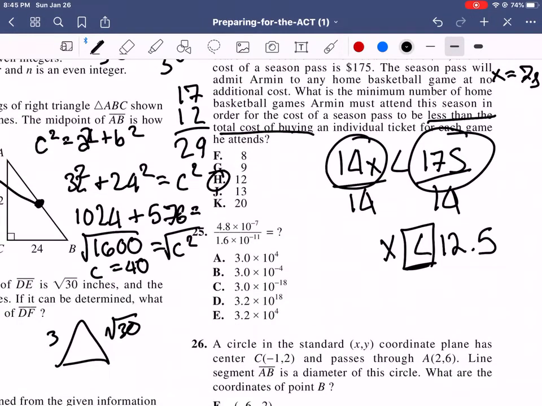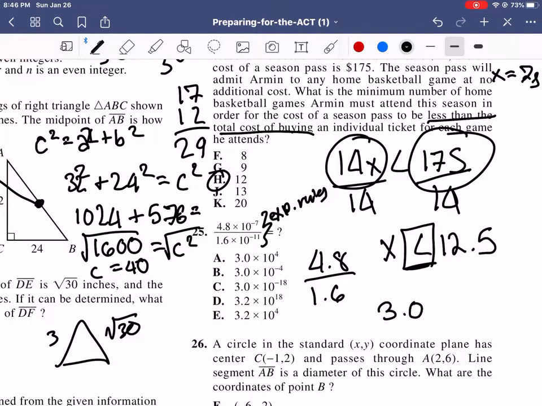This one you just divide. Okay, so it's 4.8 times... This is scientific notation, so I don't know how to say it correctly. So it's 4.8 times 10 to the power of negative 7 over 1.6 times 10 to the negative 11th. This is when you have to know your exponent rules. And then 48 divided by 16, that is 3.